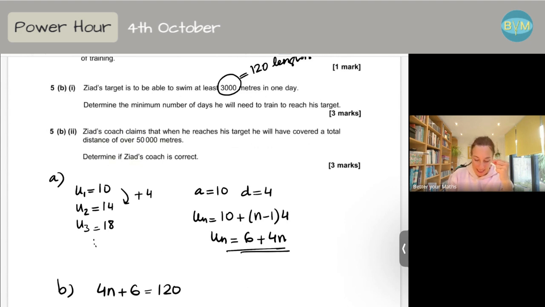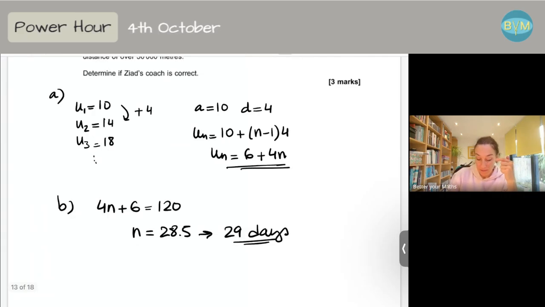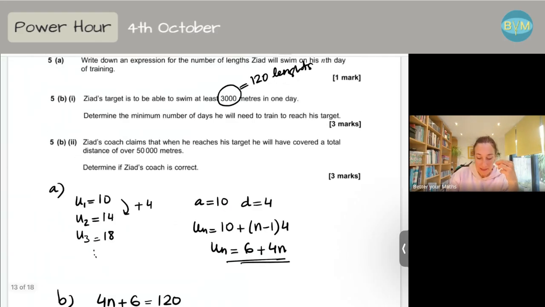What can I do to check if, when he has swum 3,000 meters in a day, he has covered more than 50,000 meters in total? Tell me in the chat, or just unmute and tell me.